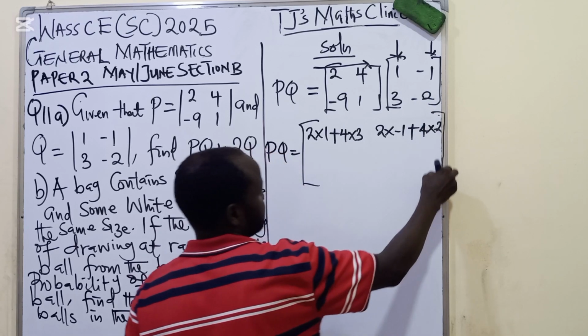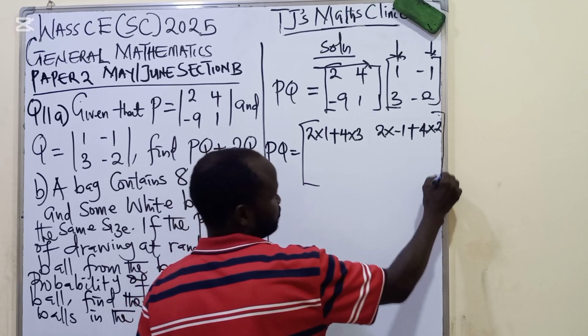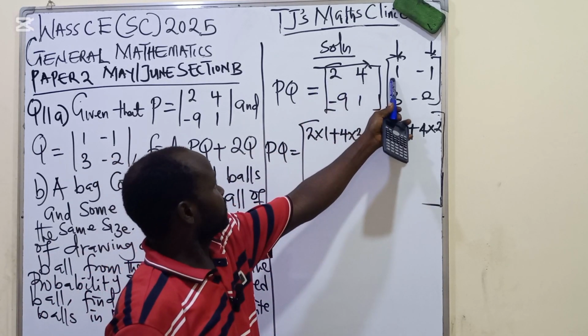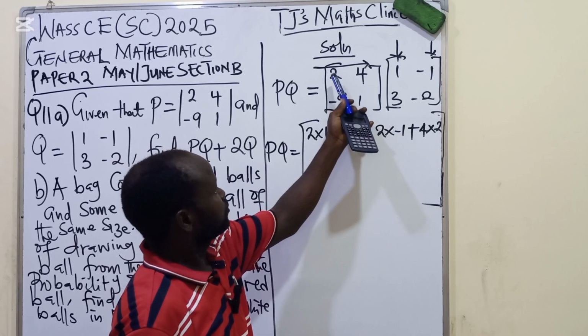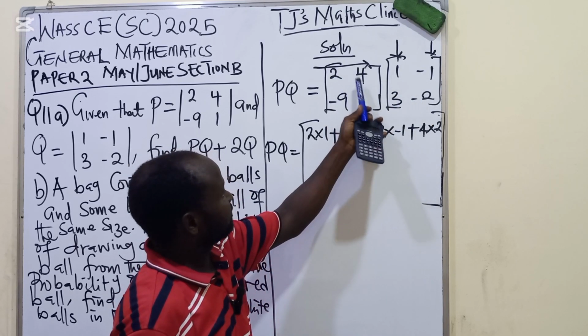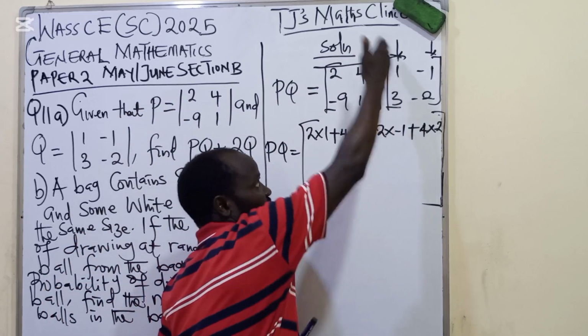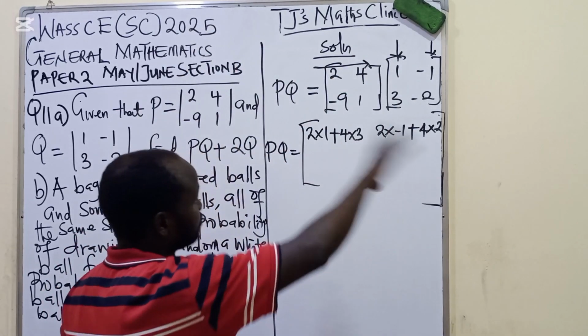Then we close it like this. Let me put the sign here. Very important. 2 times 1, then 4 times 3, 2 times minus 1, then 4 times minus 2. We are through with the first row, distributing over the first column and the second column, respectively.